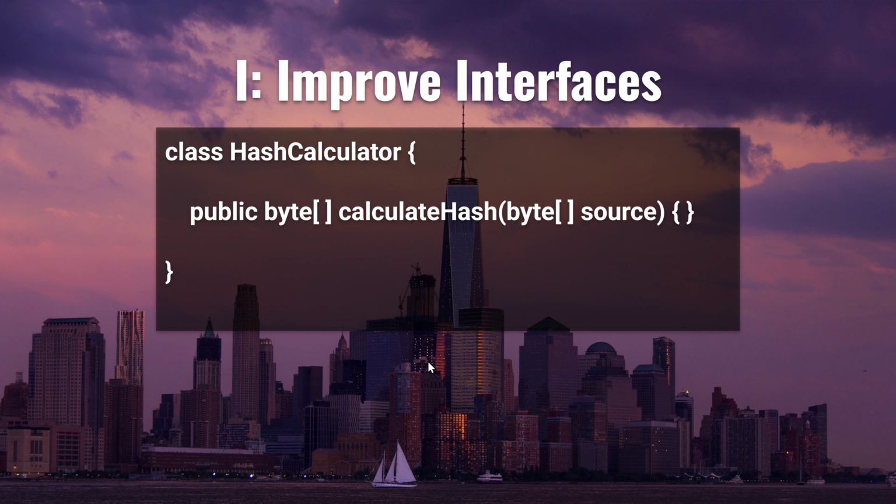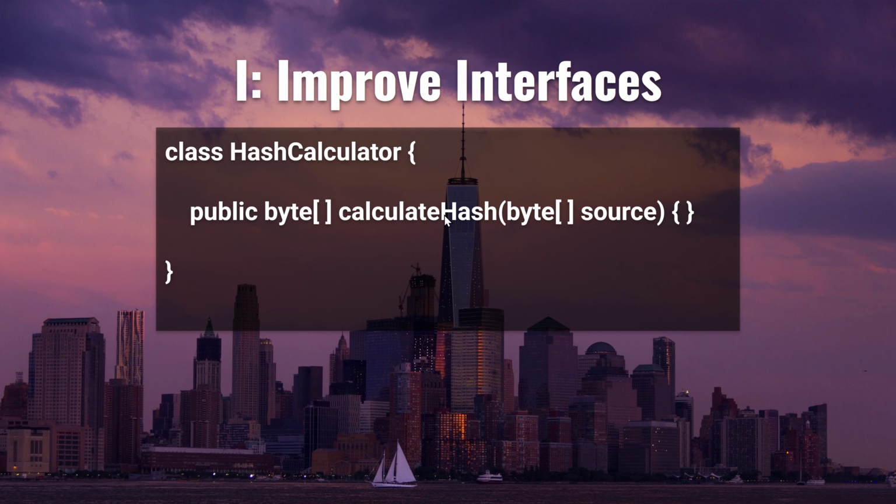If you look at this example, we have a class called HashCalculator, and it has a method called calculateHash. As you can see, this method takes a byte array as a parameter. Basically, that means that if you want to calculate a hash value from all the bytes in this byte array, you can use this method.